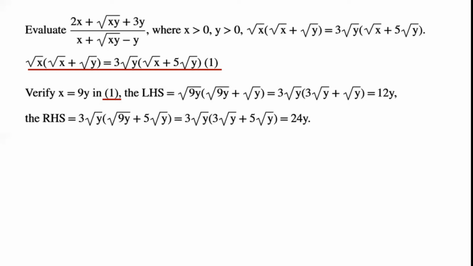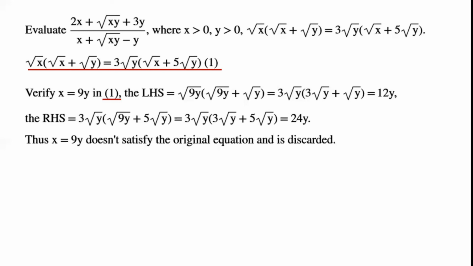The right-hand side equals 3√y times (√(9y) + 5√y), which can be written as 3√y times (3√y + 5√y) equals 24y. Thus, x equals 9y doesn't satisfy the original equation and is discarded.